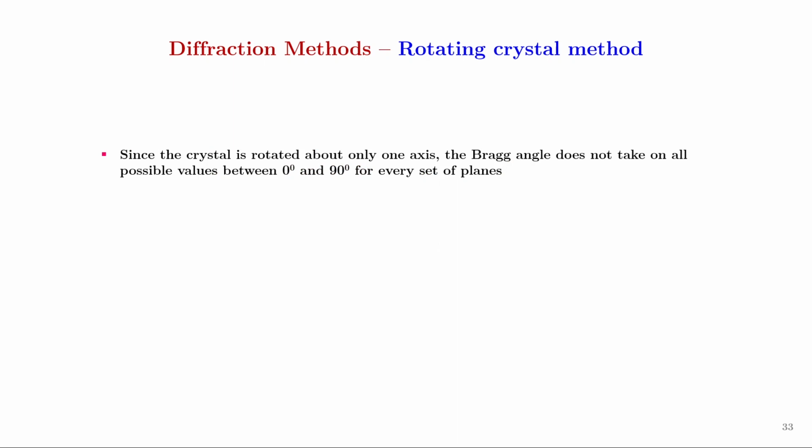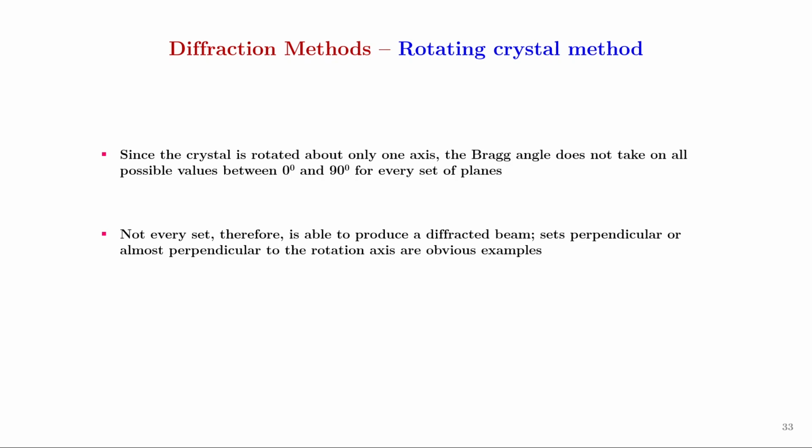Since the crystal is rotated about only one axis, the Bragg angle does not take on all possible values between 0 degree and 90 degree for every set of planes. Not every set, therefore, is able to produce a diffracted beam.